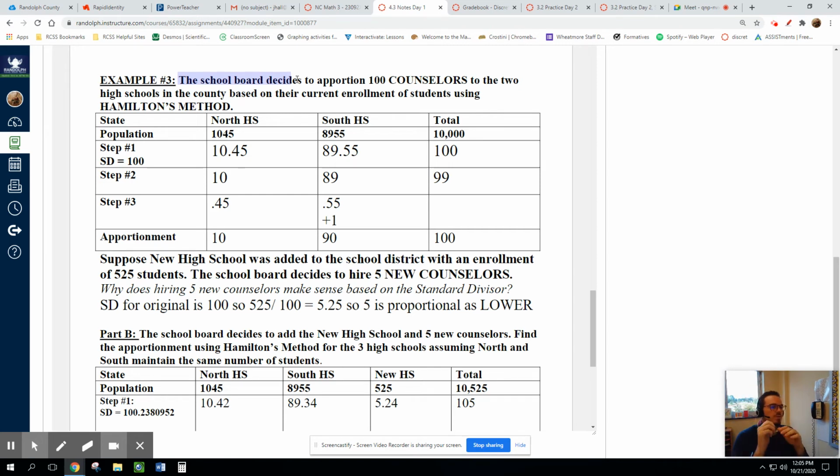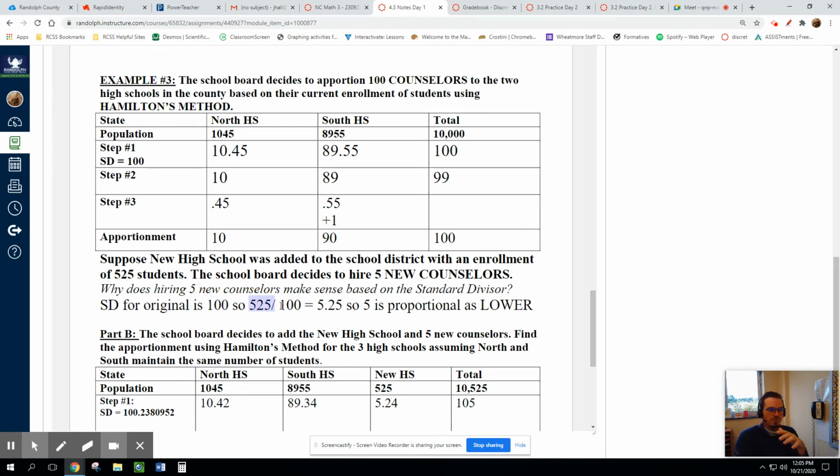Now suppose a new high school was added to the school district with an enrollment of 525 students. The school board decides to hire 5 new counselors, just 5. Why does hiring 5 new counselors make sense here? Well, the original standard divisor was 100, right?